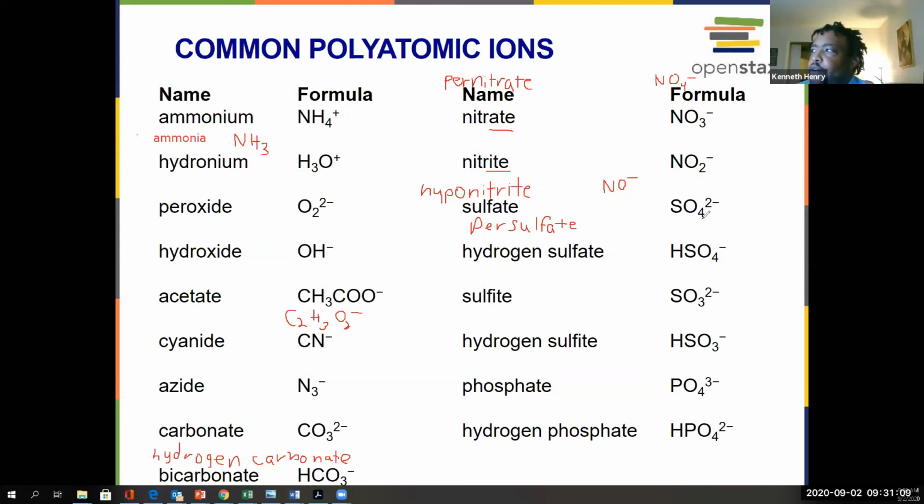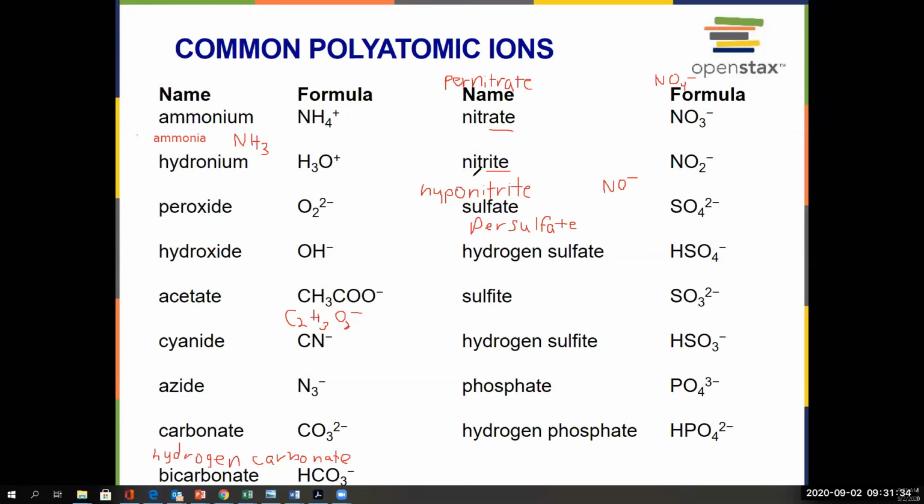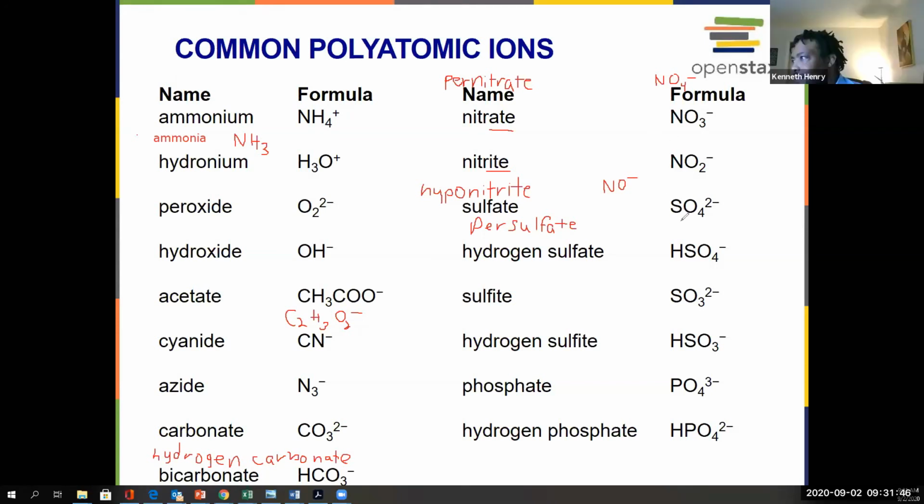If sulfate is SO4 2 minus, so what would be persulfate? SO4 negative. Nope. So what is the difference between nitrate and pernitrate? You're adding. What am I adding? What is the difference between these two? Is it SO5? That's right. It would be SO5 2 minus.